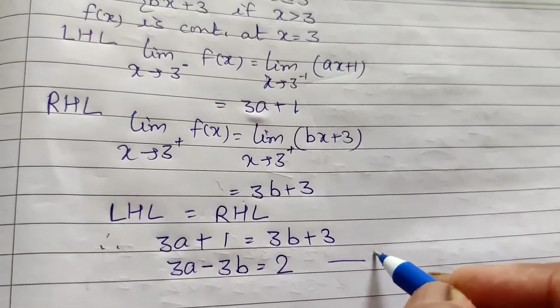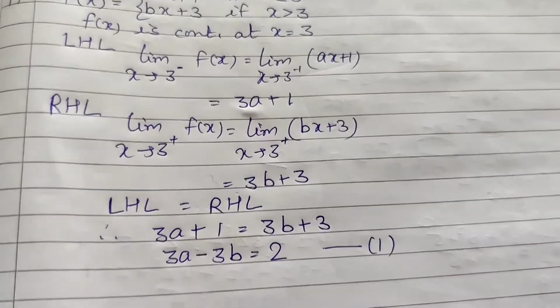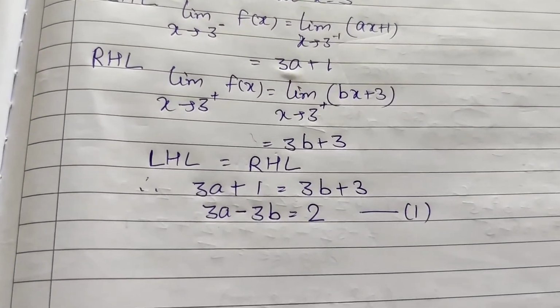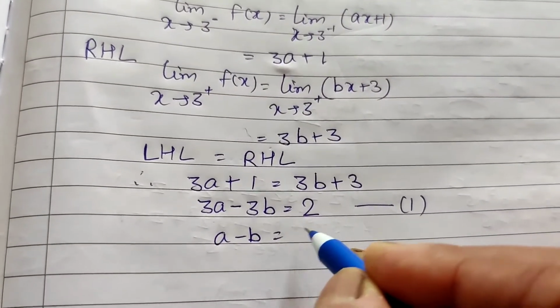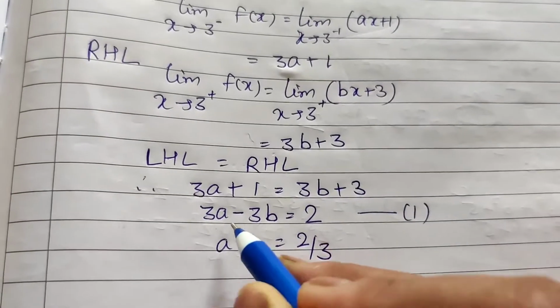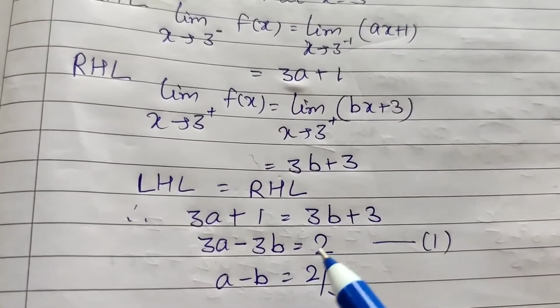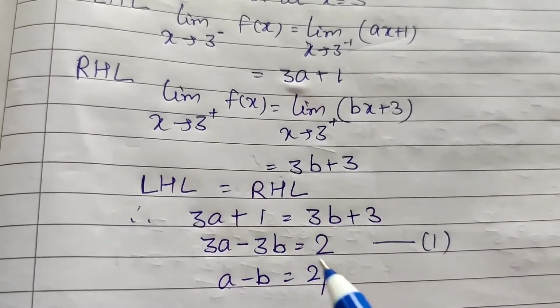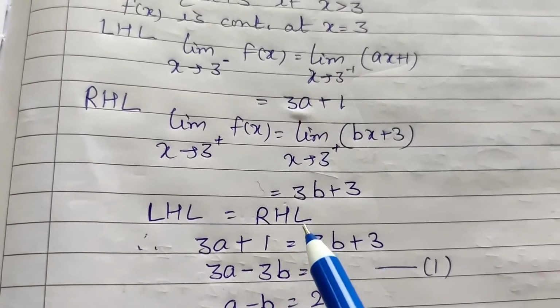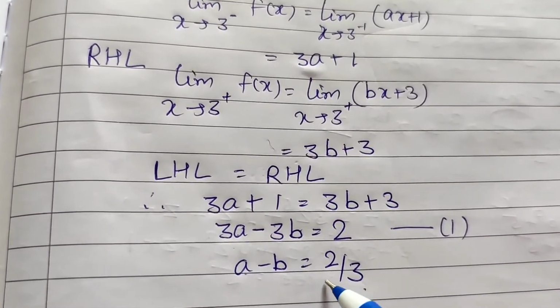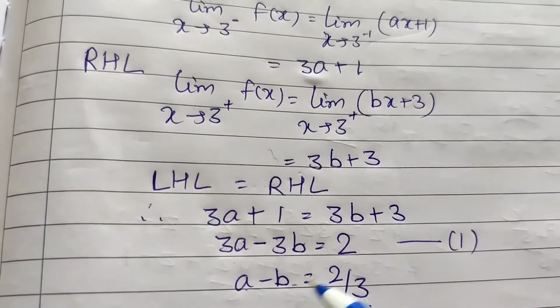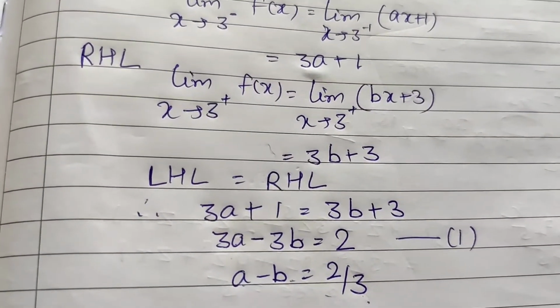Taking 3 common, a minus b equal to 2 by 3. This is the relation between a and b. We have to find the relation between a and b. It means a minus b equal to 2 by 3.